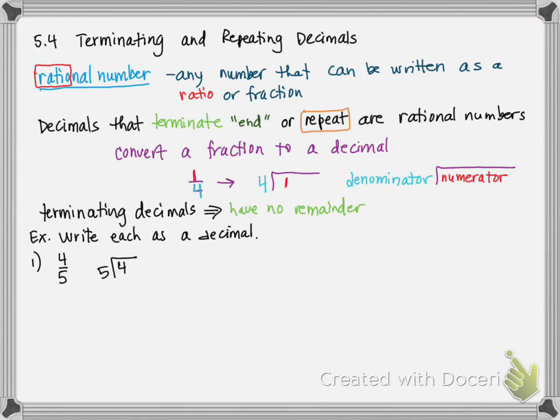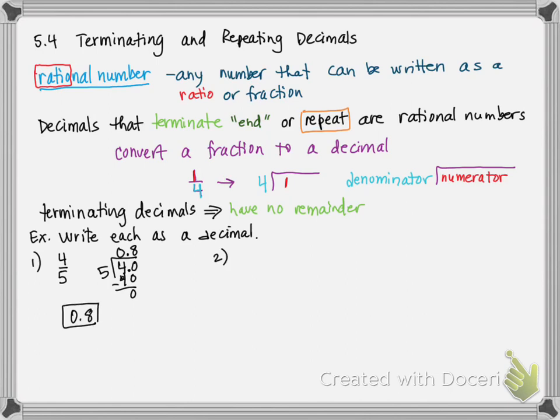Now, 5 can't go into 4, so I can put a 0 up in the quotient. Then I put in a decimal point, bring it straight up into the quotient. Then I can annex a 0 in my dividend, and then 5 goes into 40 8 times. 5 times 8 is 40, and I have 0 remainder. So the answer is 8/10.